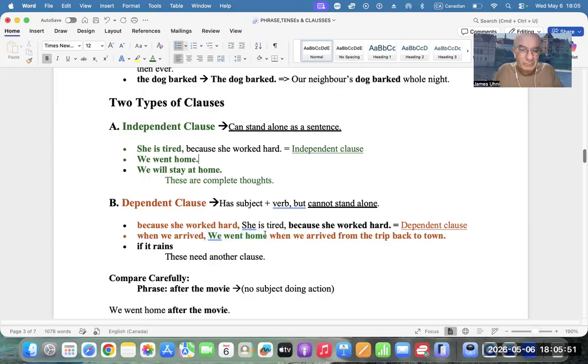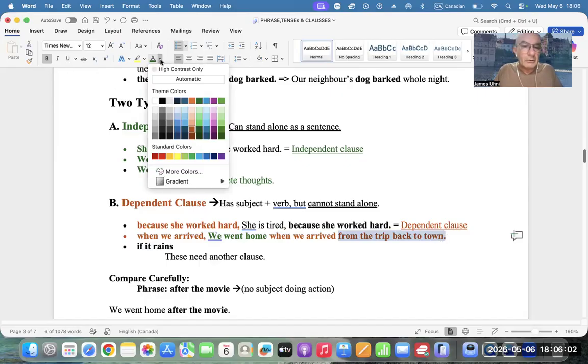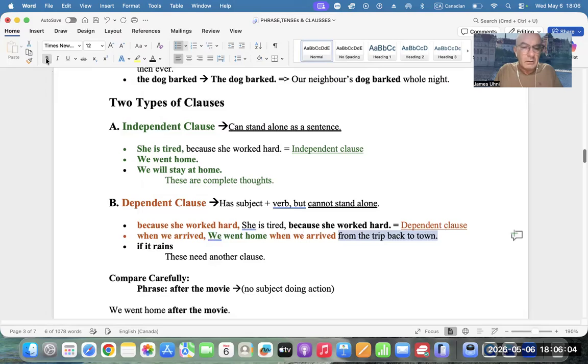We went home when we arrived, and this is the rest of the sentence. It will be black and not bold. So we went home when we arrived. Can it stand on its own? Sure it can. But we can talk more about it or less about it. We went home. That's enough.